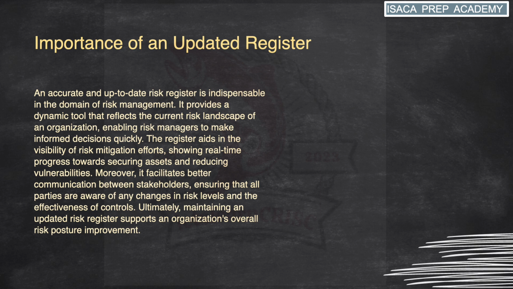Moreover, it facilitates better communication between stakeholders by ensuring that all parties are aware of any changes in the risk level and the effectiveness of controls. And this transparency fosters collaboration and alignment across departments and functions, ultimately enhancing the organization's ability to address and manage the risk proactively.